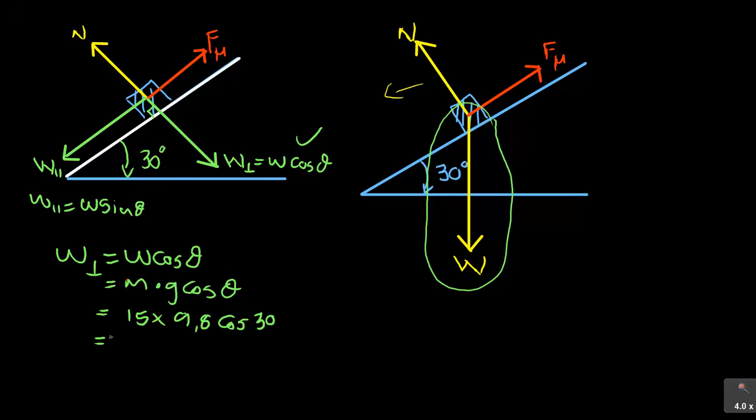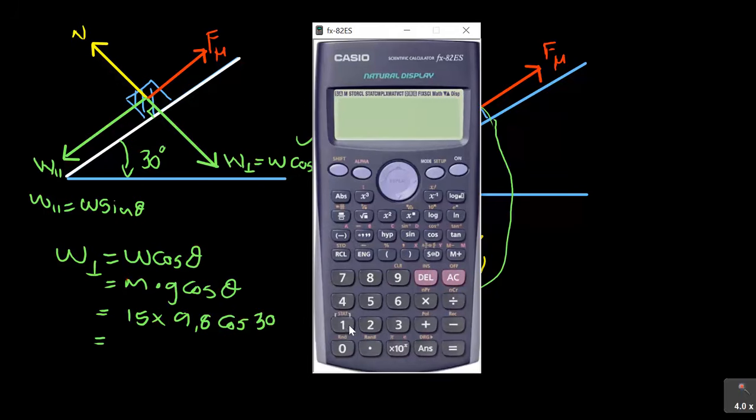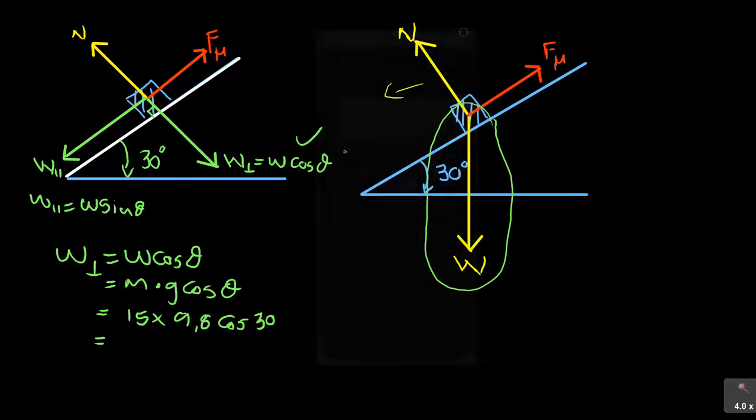So when you simplify that, we get 15 times 9.8 cos 30. And this is 127,305 to 2 decimal places. It's 127,306 to 3 decimal places.